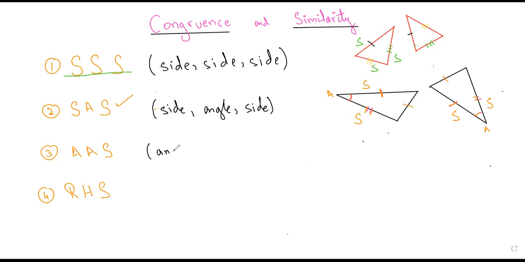AAS is angle, angle, and side. Let me just make a diagram for this one.